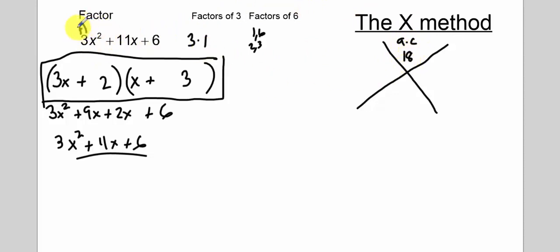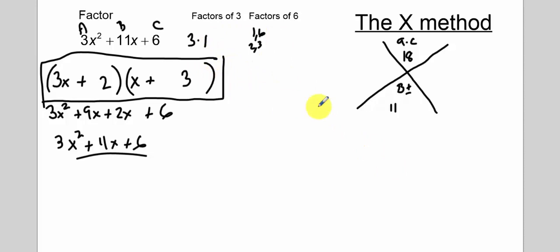That's my A term and my C term. And then we're going to look for two numbers that get you plus or minus the B term, and in conjunction get you that multiplication of 18. And that B term in this case is 11.